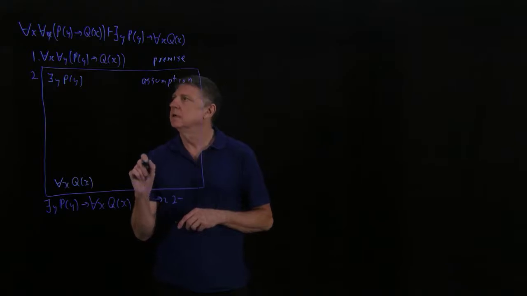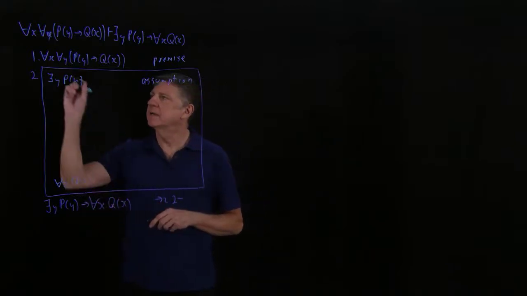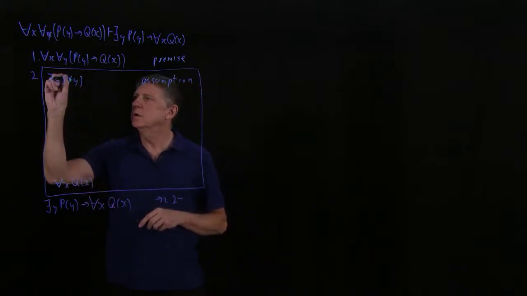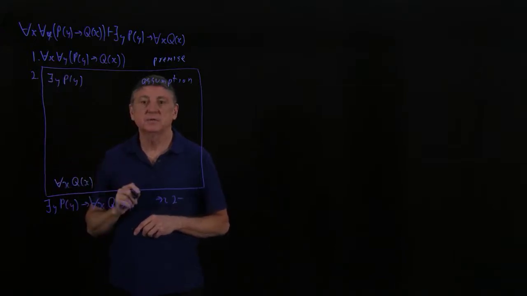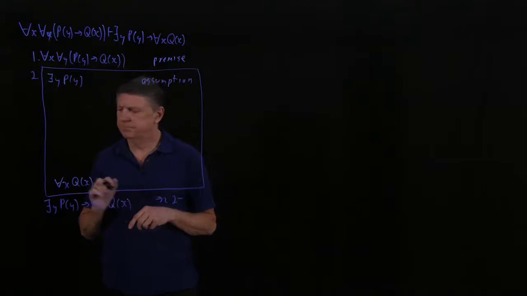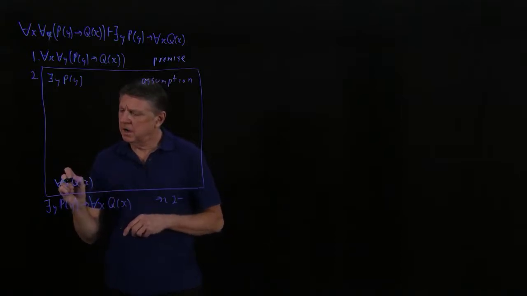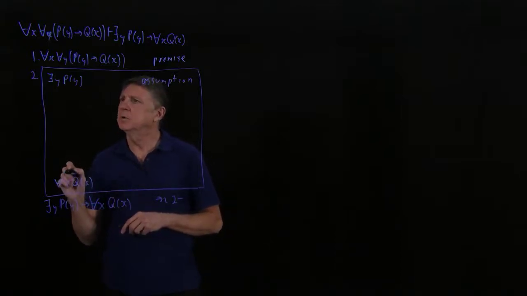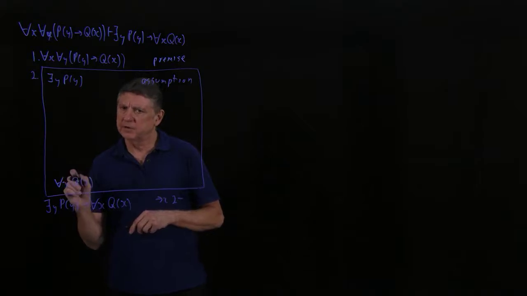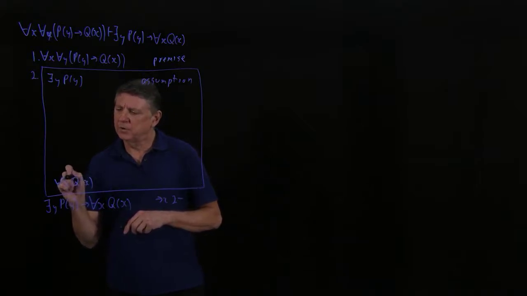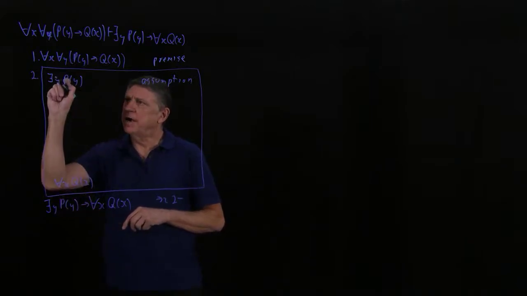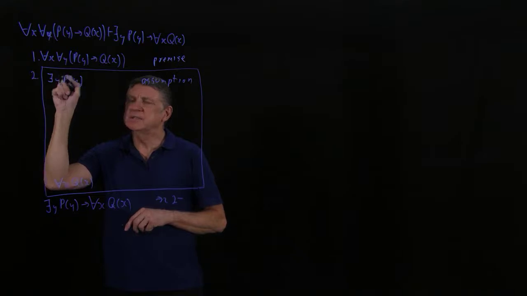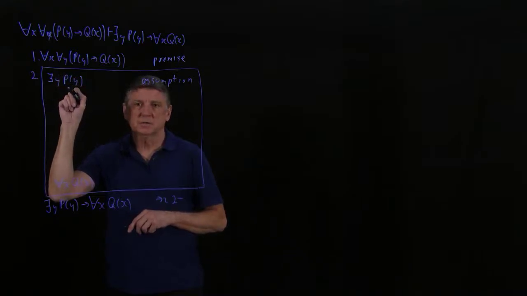And now I take a look at this new assumption, at this new goal, and ask myself, what could I do next? One thing that I could do is open up a universal introduction box. Here, I could open up an existential elimination box.